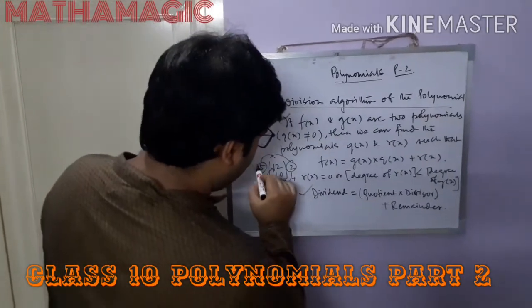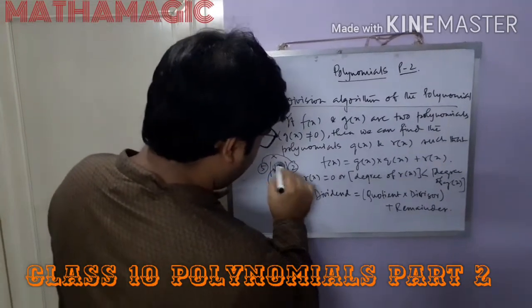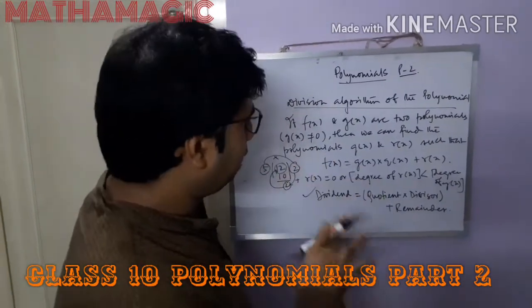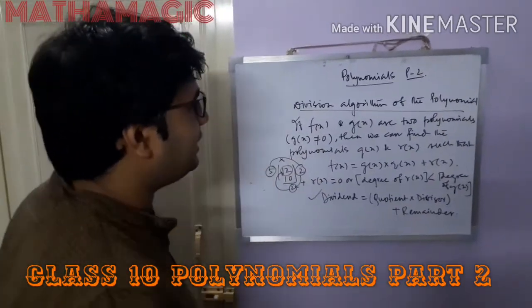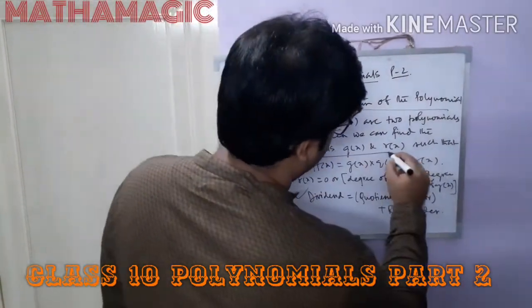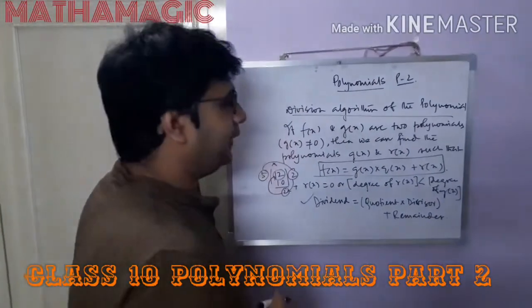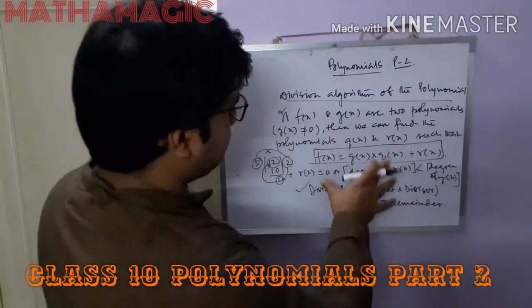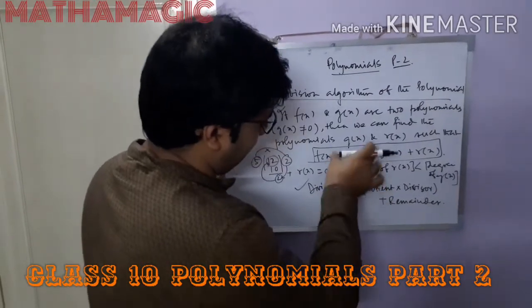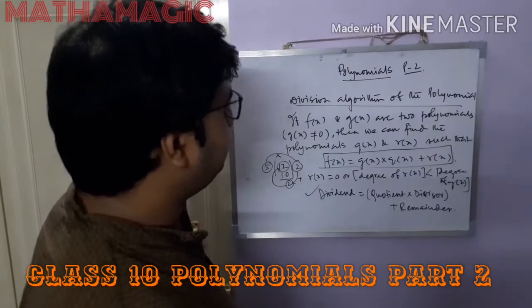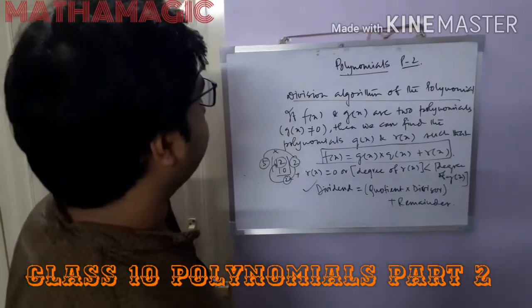So dividend equals divisor into quotient plus remainder. This is how the division algorithm of the polynomial states. It is given in this format, that f of x equals g of x into q of x plus r of x. But no need to get confused, this is actually what is happening here. So please note it down so that I can move to solve the problems.